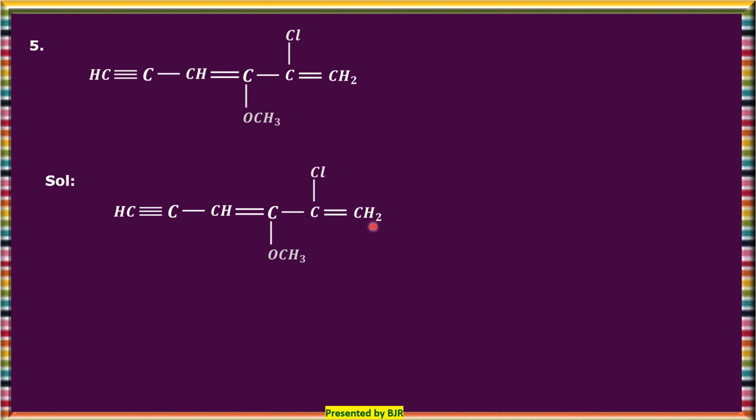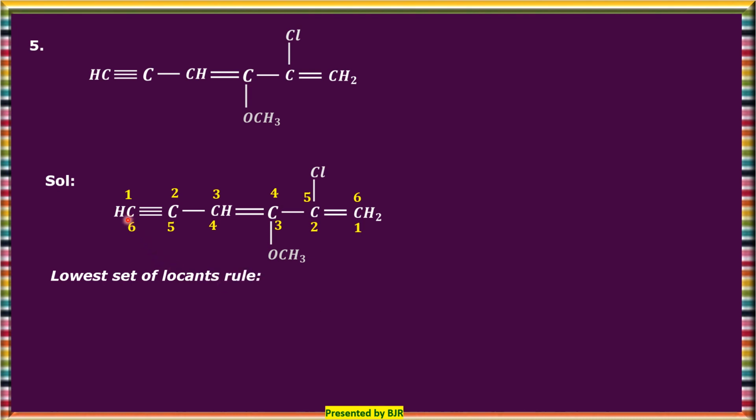So I am numbering the carbon chain in both ways, from left to right and from right to left also. And I will decide which way of numbering is correct by using the lowest set of locants rule.